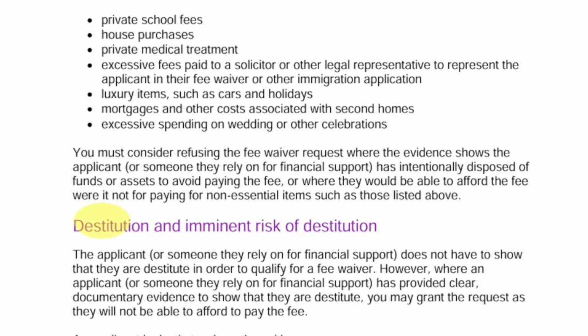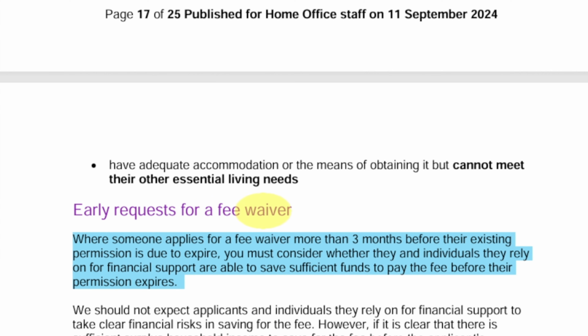And then if we go down, early request for a fee waiver, where someone applies for a fee waiver more than 3 months before their existing permission is due to expire, you must consider whether they and the individual they rely on for financial support are able to save sufficient funds to pay the fees before their permission expires.